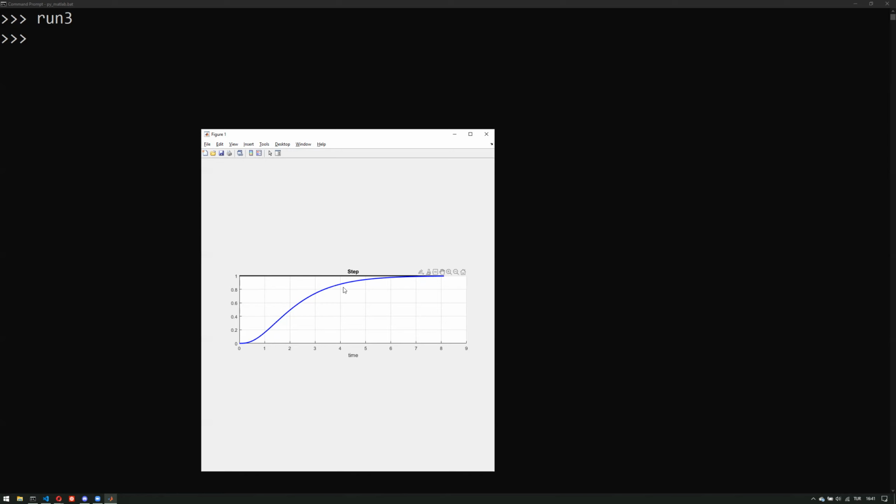But here we can see that no system in nature can just jump from 0 to 1 instantly. It has a continuous path between the starting point and the point that it is going to reach. So it's natural, basically. So what we are interested in is that we will apply an impulse input, and we want to see how we can just simulate that.